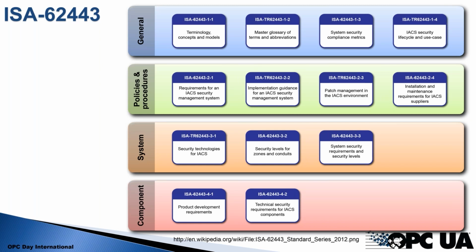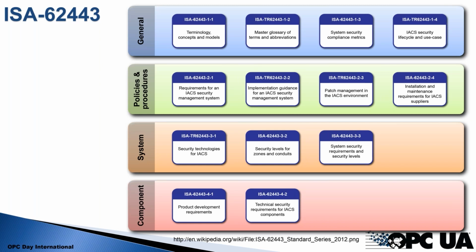I'm not going to spend a long time talking about ISA 62443. There are a lot of other online videos and presentations that you can look at that provide a lot of detail on this. But the key points are that it has multiple facets. It talks about system level things, so how to configure your system so that it has the right zones and conduits and the right security levels from a system point of view.